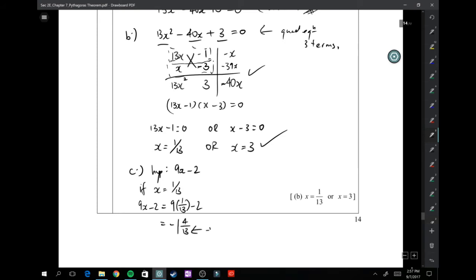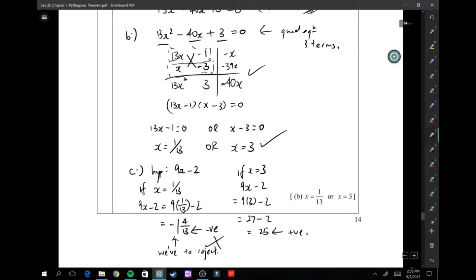So this is negative. Now if x equals 3, then 9x minus 2 equals 9 times 3 minus 2, you get 27 minus 2, you get 25. So this is positive. Now, is there such a thing as a negative length? No, right? So we have to reject.